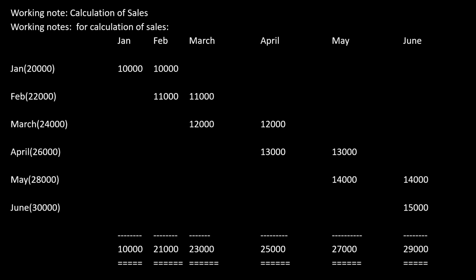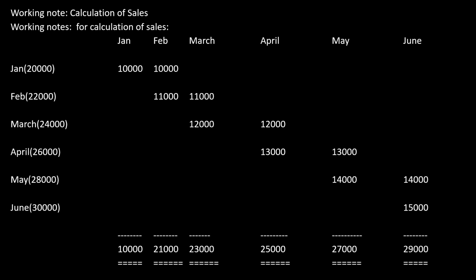Okay, the sales we know for January is 20,000. The 50% of 20,000 will give 10,000. The remaining 10,000 is collected in the next month. Then February 22,000, 50% is 11,000, and the next month 11,000. March 24,000, 50% is 12,000, the remaining 50% is 12,000 again. April 26,000, 50% is 13,000, the remaining again 13,000.